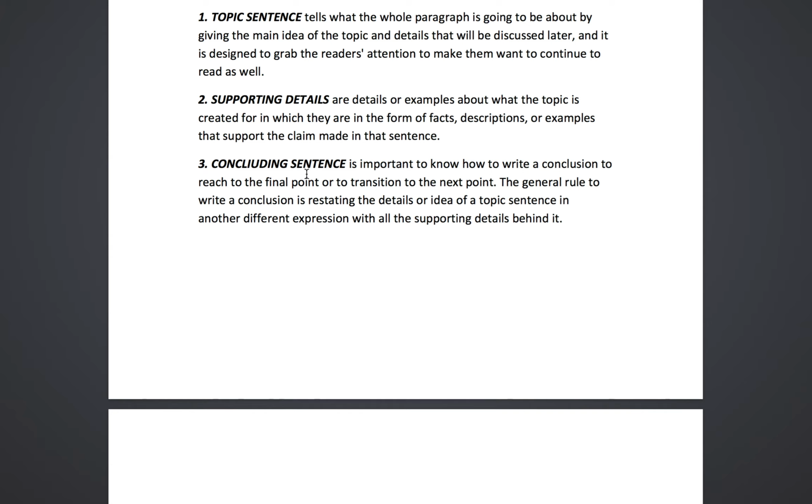When we talked about the topic sentence, we said that it should contain the main idea of the paragraph, what the paragraph is going to be about. So to support this main idea, we have to have many details in that paragraph. They are called the supporting details, or the body of the paragraph that we have.